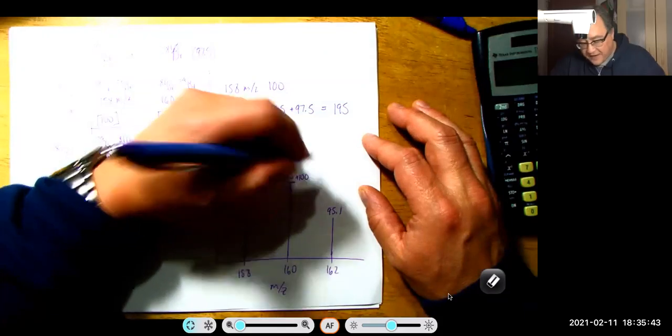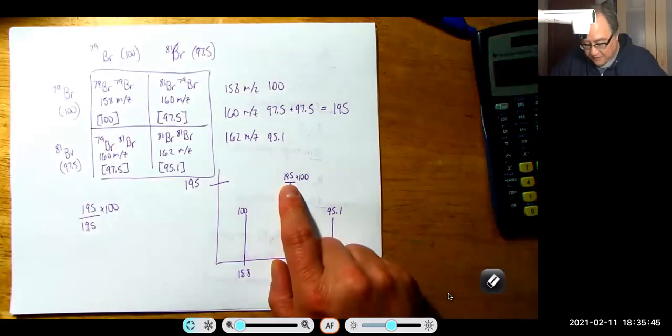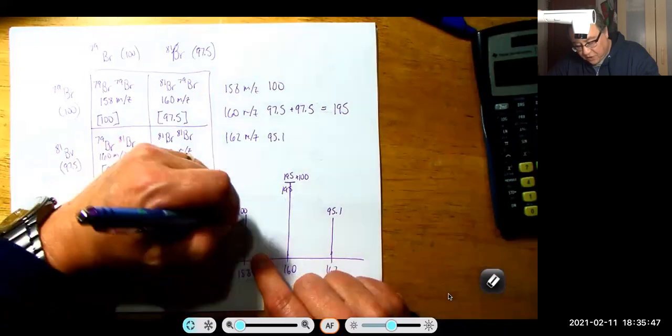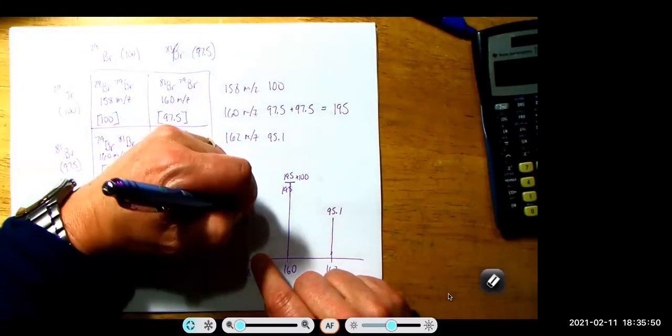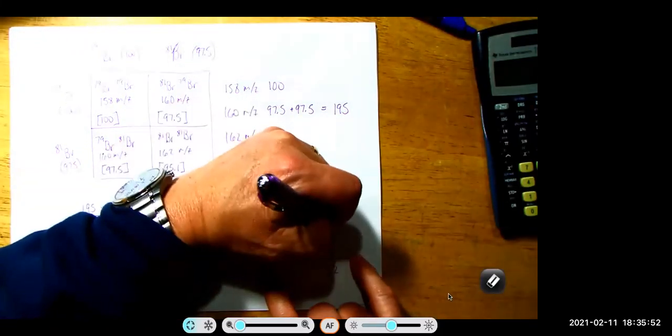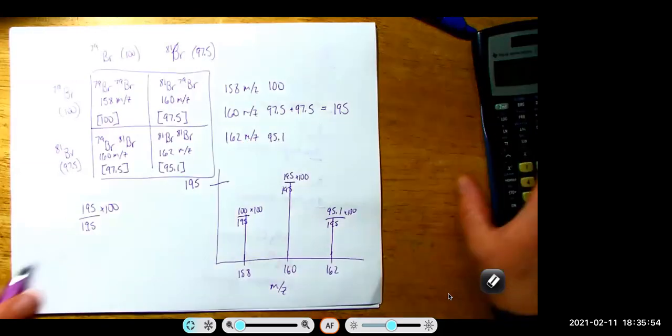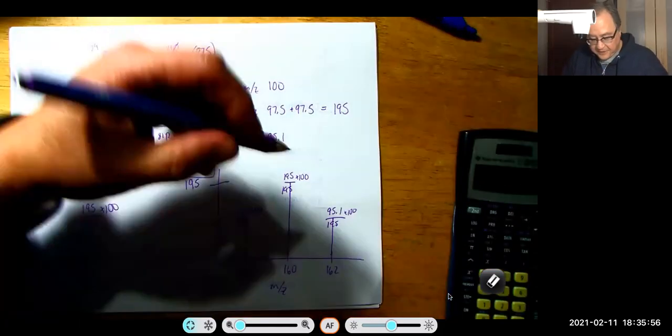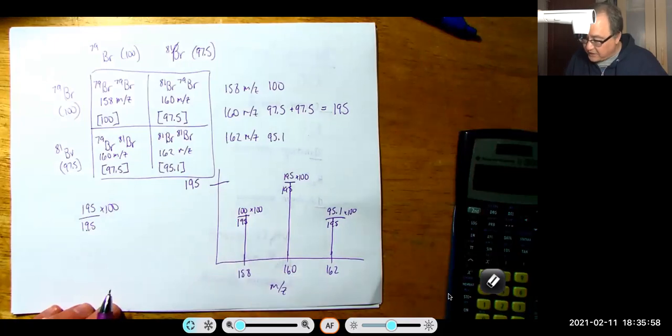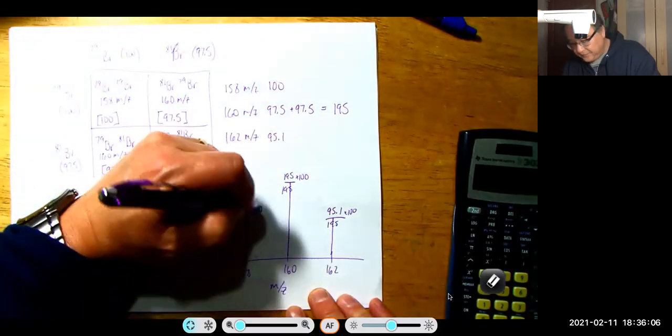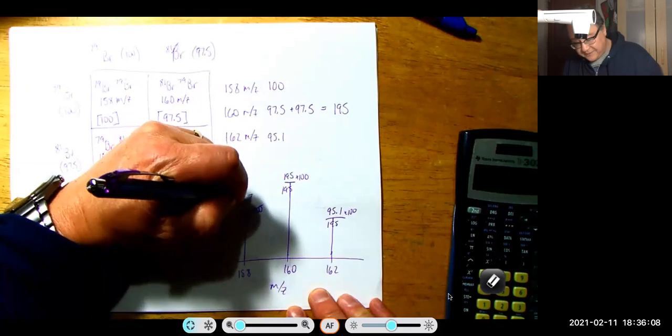Now, if I divide this one by 195 and multiply by 100, I have to do it for all of them. So if we look at this one, we get 10,000 divided by 195. And so this ends up being 51.28.